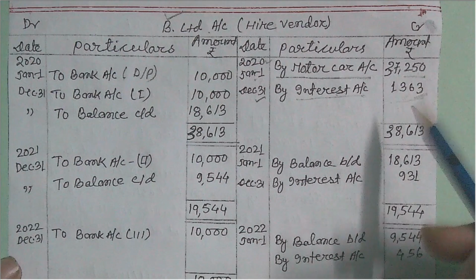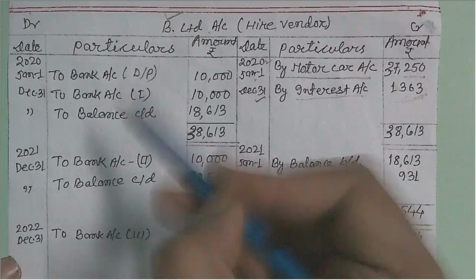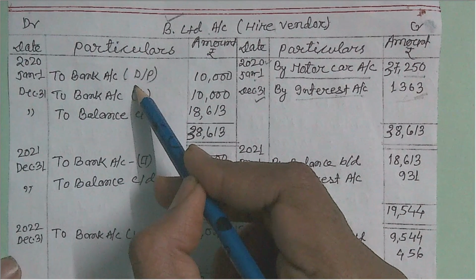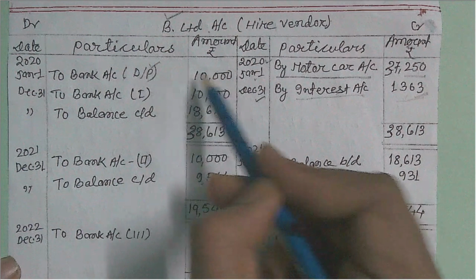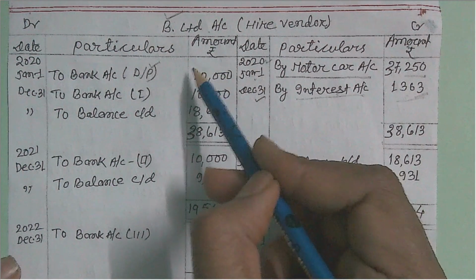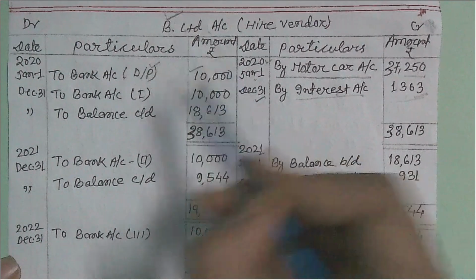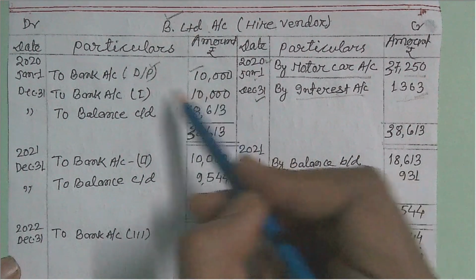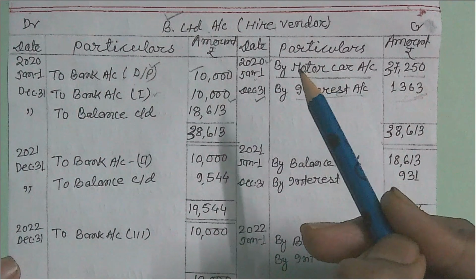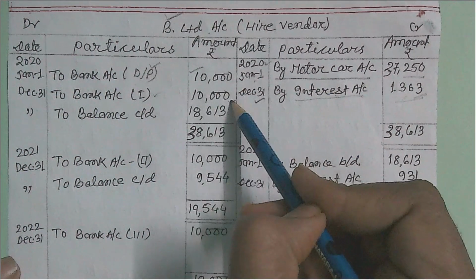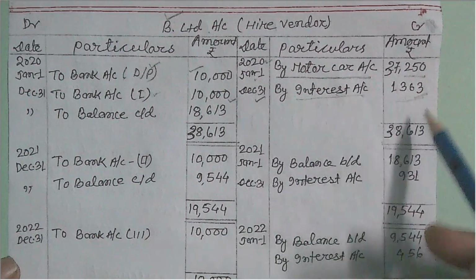Now this is the total amount, 38,613, and this DP I have written is the down payment, for your understanding. If you see in the question, it is given down payment 10,000 rupees, and apart from the down payment, the yearly installment is also 10,000. This 10,000 includes interest, and this 1363.